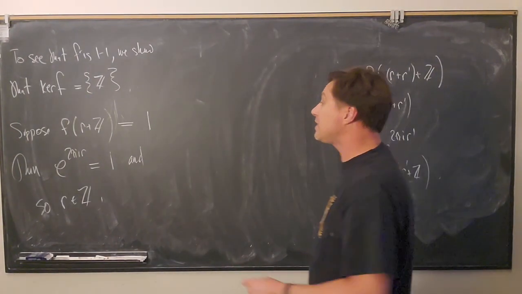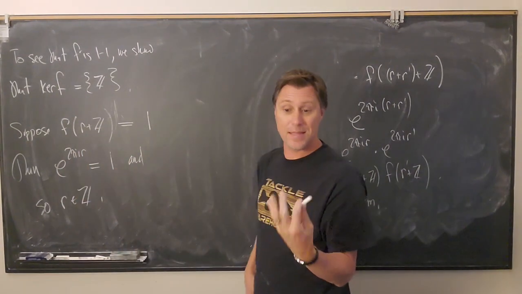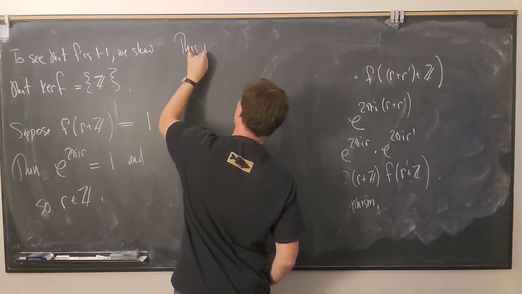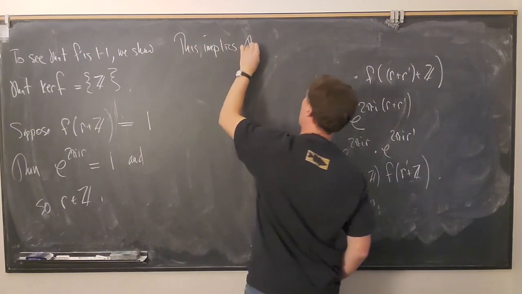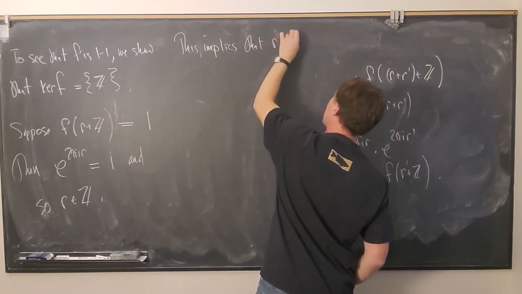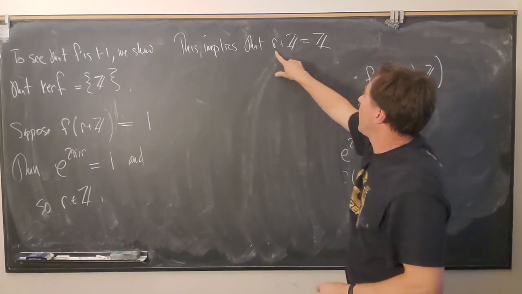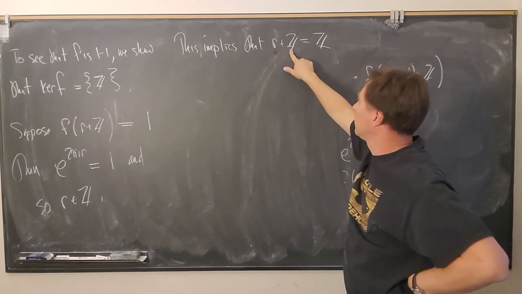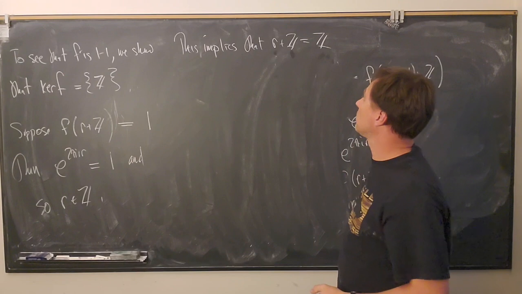Well, if R is in Z, then this coset is equal to the Z coset, the trivial coset. So this implies that R plus Z is equal to Z, right? Whenever you have a coset representative that lives inside that piece right there, it gets sucked inside, and so we're left with this.